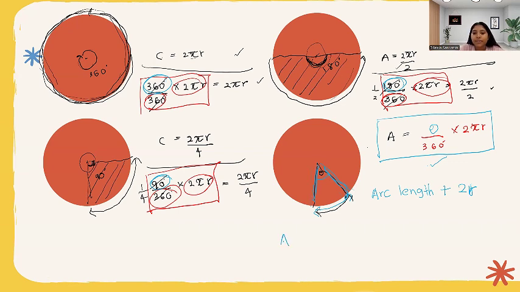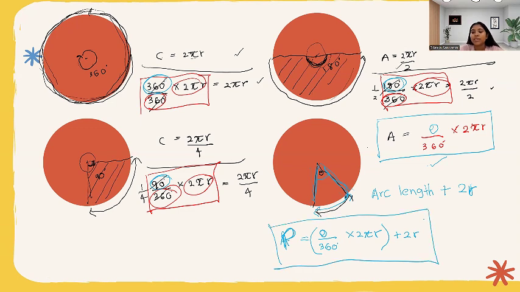Now we can recreate the equation. Perimeter equals theta divided by 360 into 2πr plus 2r.